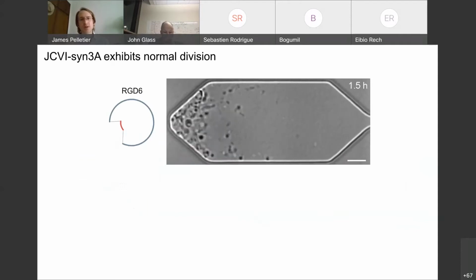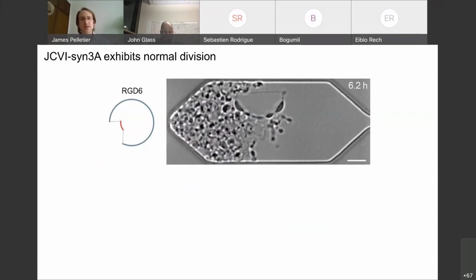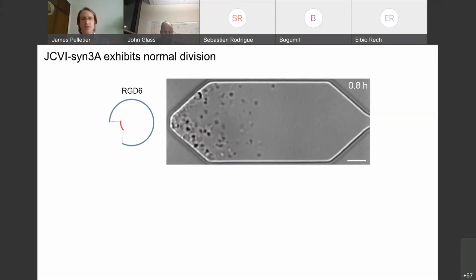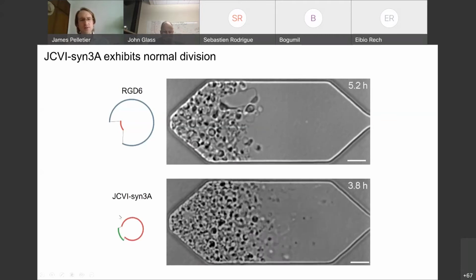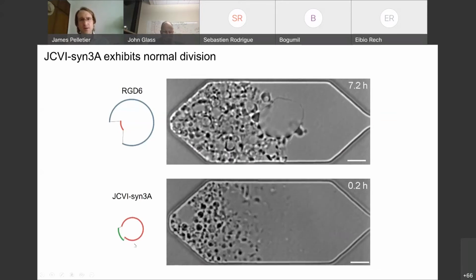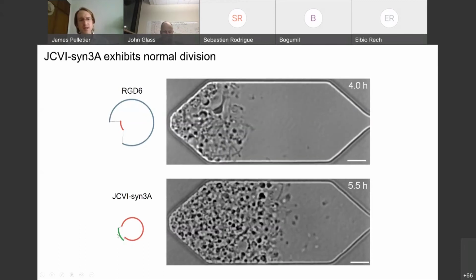And then here's the growth of RGD6 in a microfluidic chemostat showing these strange shapes and sizes. And then this motivated the search for versions of a nearly minimized cell that contained additional genes in segment 6.